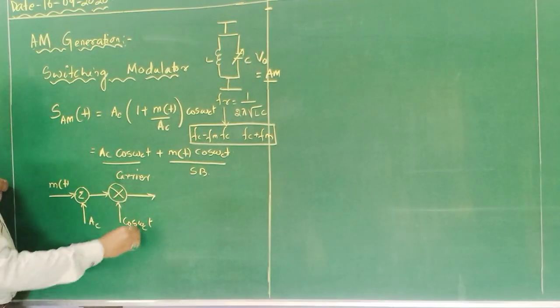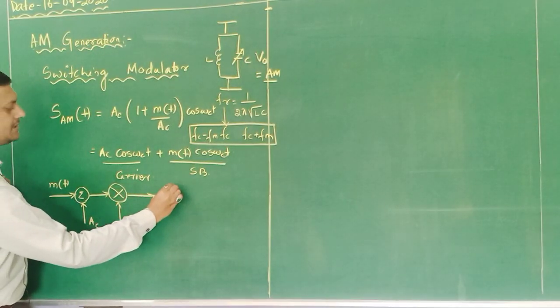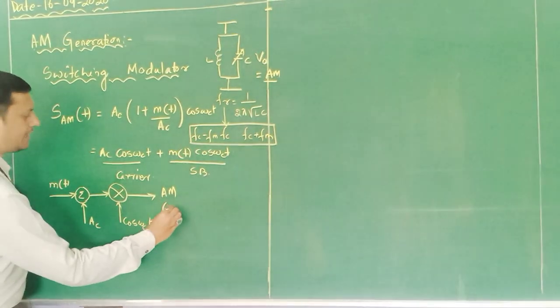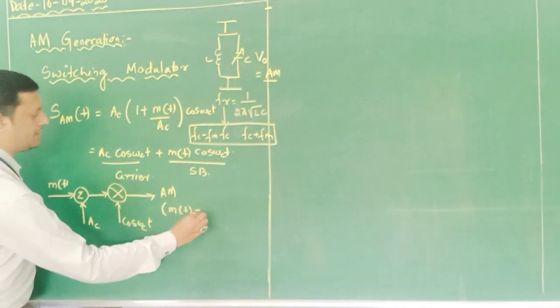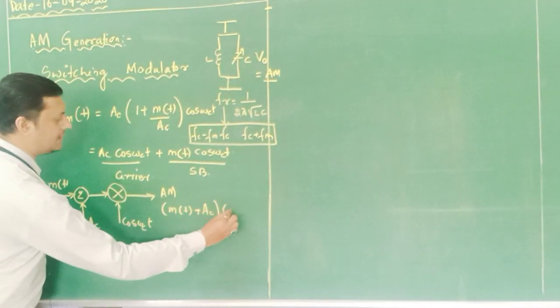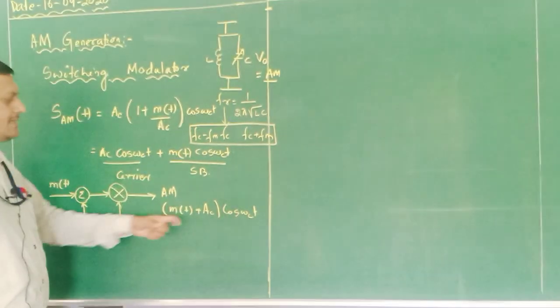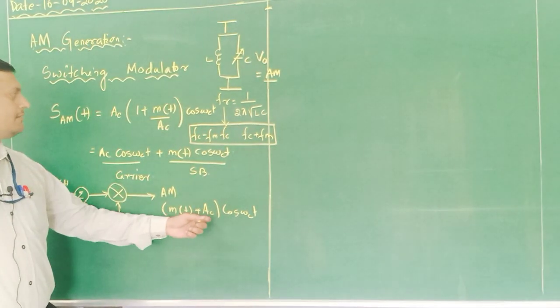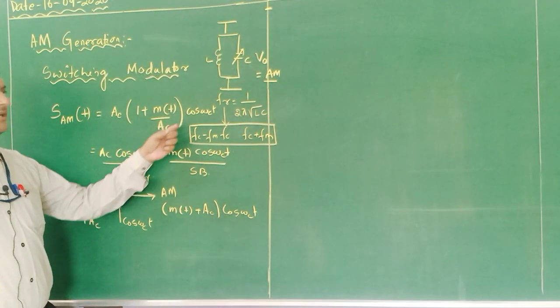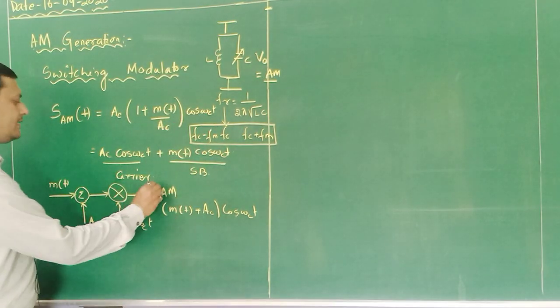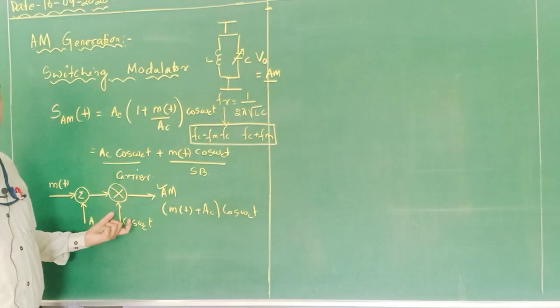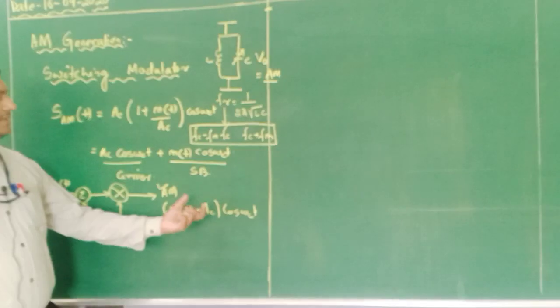Whatever signal I get becomes an AM signal, or I will write m of t plus Ac cos omega c t. If you take this Ac common, you will get 1 plus m of t by Ac, cos omega c t. So with the help of this small block diagram, we can analyze how to generate the AM signal.